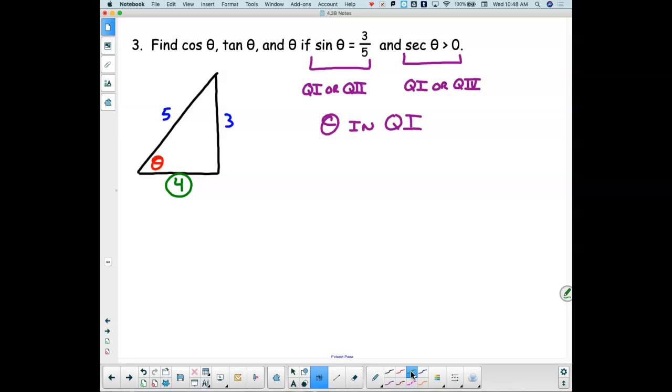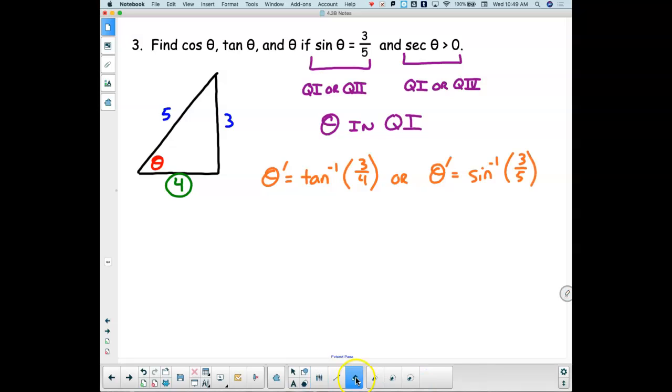Okay. So, we could do theta prime here is the inverse tangent of 3/4. Or you could do theta prime is the inverse sine of 3/5. Actually, we wouldn't even need theta prime. We could just say theta, because we're in quadrant number 1.